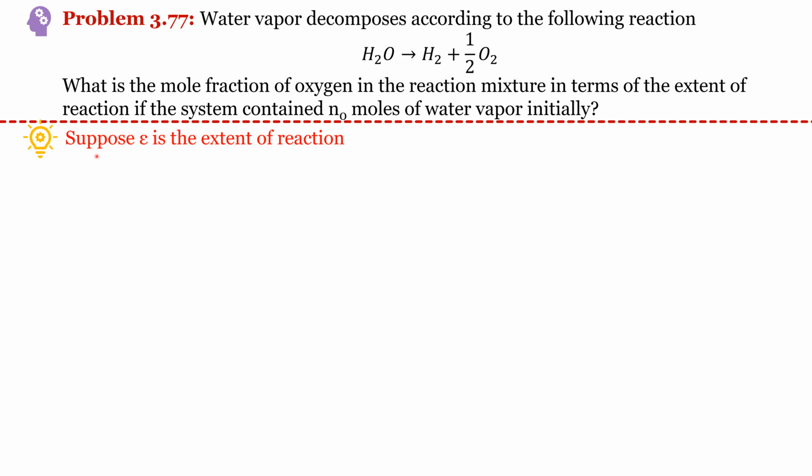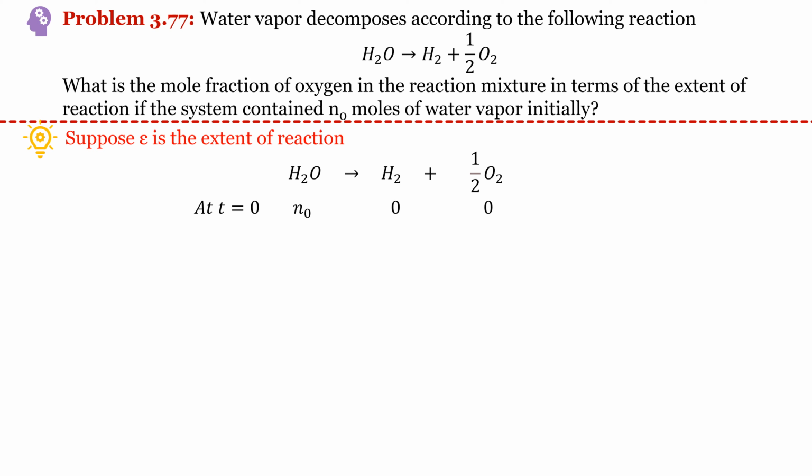Now we can assume, suppose epsilon is the extent of reaction. So we can rewrite the chemical reaction. First we will write the number of moles of reactant and products which are present at time t equal to 0. So at time t equal to 0, only moles of H2O are present, that is equal to N naught, and moles of H2 and O2 are 0, 0.